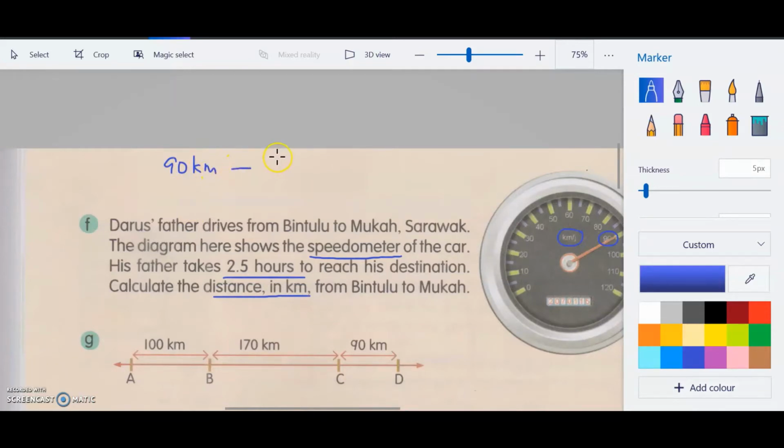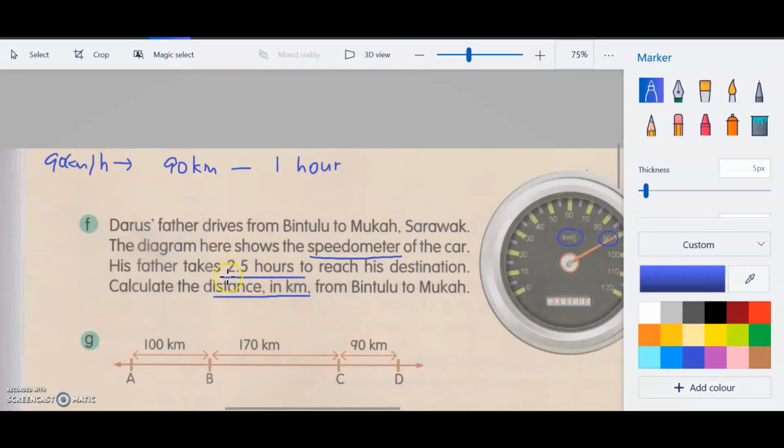That means in 1 hour, the car travels 90 kilometers. Okay, that's what it means. 90 kilometers per hour is the same as the car traveling 90 kilometers in 1 hour.